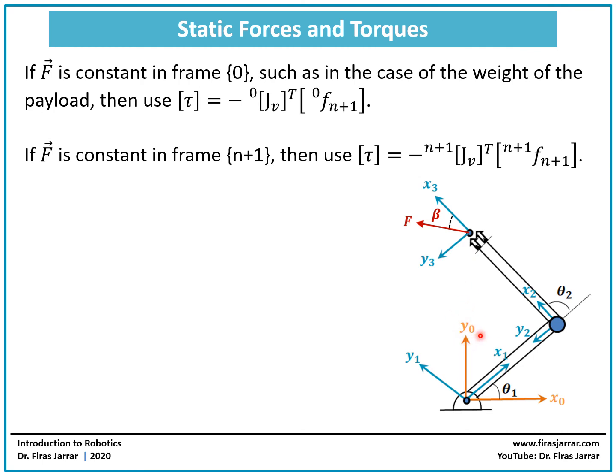So it's constant with respect to the base frame. In that case, it's easier to use this formula, where everything is expressed in terms of the base frame. Otherwise, if the force vector is constant with respect to the end effector, it would be easier to use this formula.